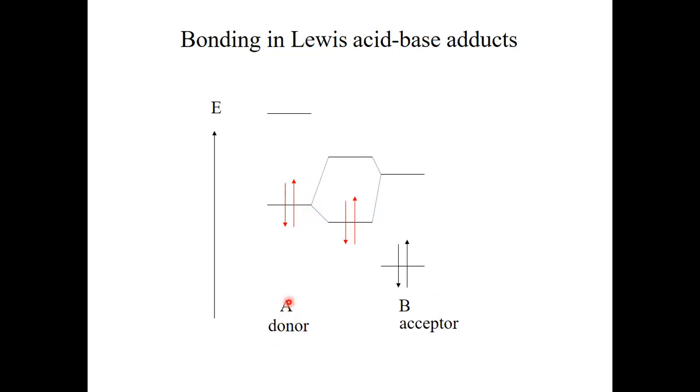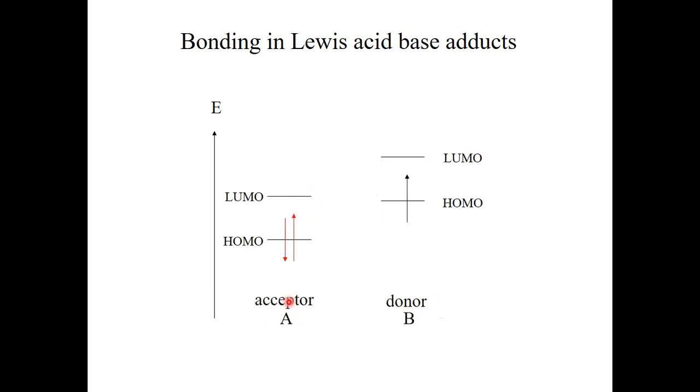Now we could take this another step further and raise the energies of B, so that the LUMO of B is now significantly higher in energy than the HOMO of A. However, in this situation, you see that the LUMO of A becomes very similar in energy to the HOMO of B. So now these two have more similar energy than these two.